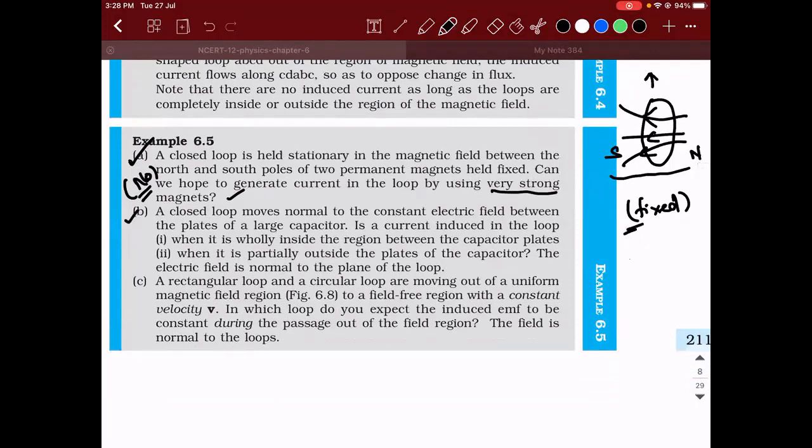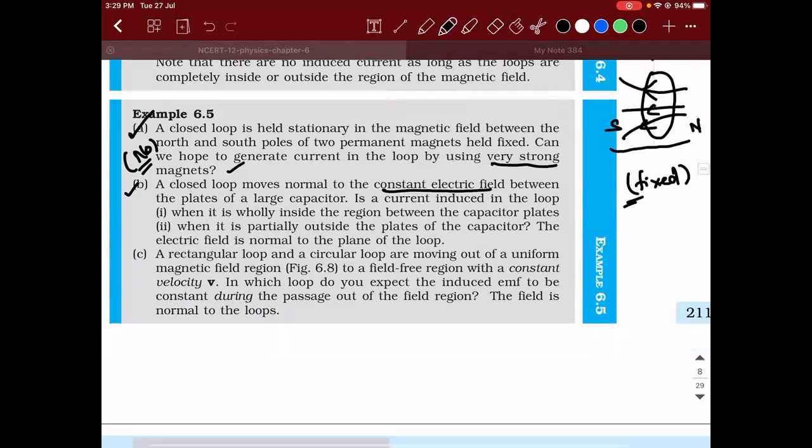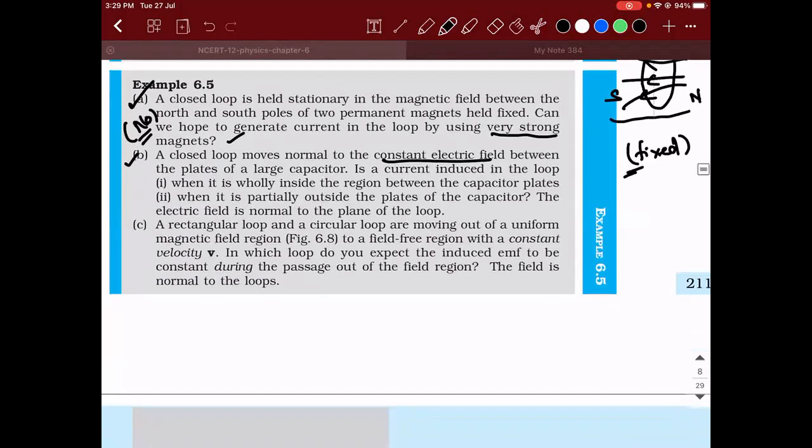B. There is a closed loop which moves normal to the constant electric field between the plates of a large capacitor. Is a current induced in the loop when it is wholly inside the region between the capacitor plates, and when it is partially outside the plates of the capacitor? Let me draw this diagram and show. You have a large capacitor.